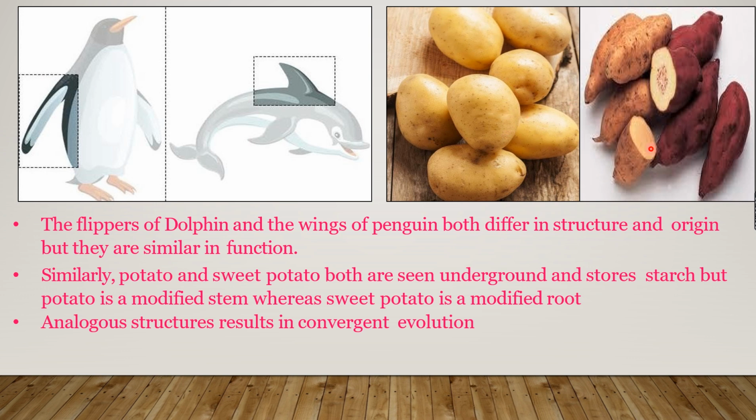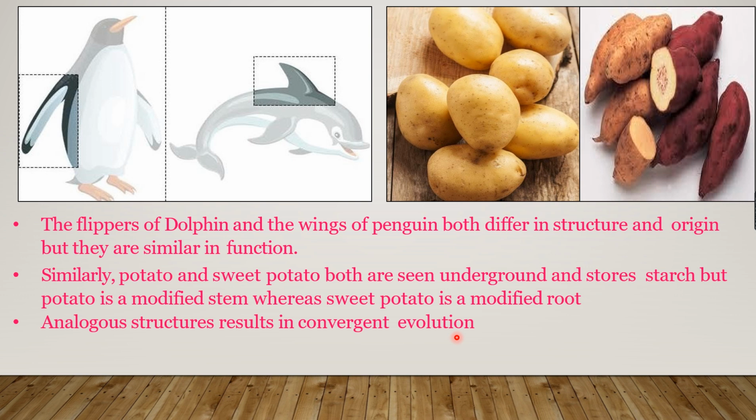These are seen underground. What is their function? They store the food material in the form of starch. Potato is a modified stem, whereas sweet potato is a modified root. So analogous structures result in what evolution?